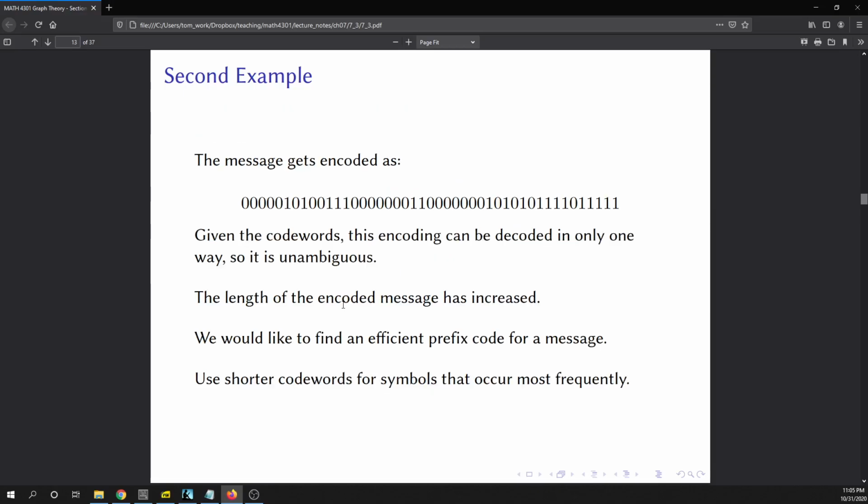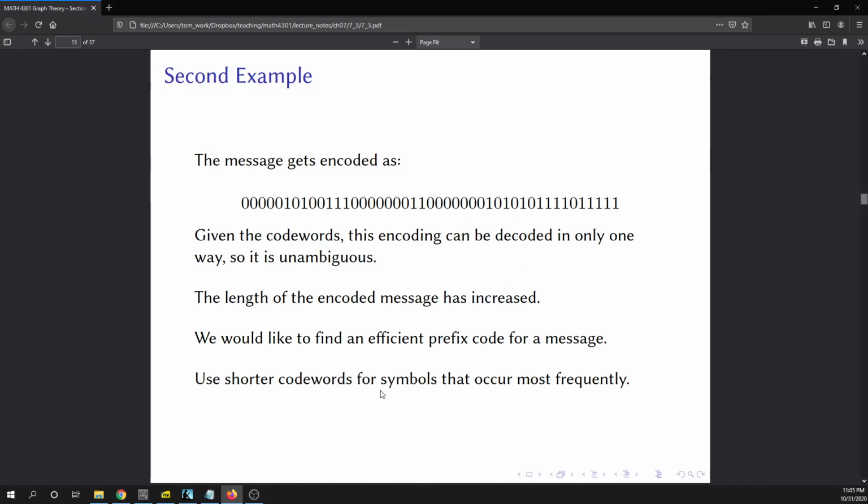So the downside is that the length of the message has increased. It's gotten bigger. And what we want to be able to do is find the most efficient prefix code for any given message. And it is possible to find a shorter prefix code for this message that we've encoded right here.